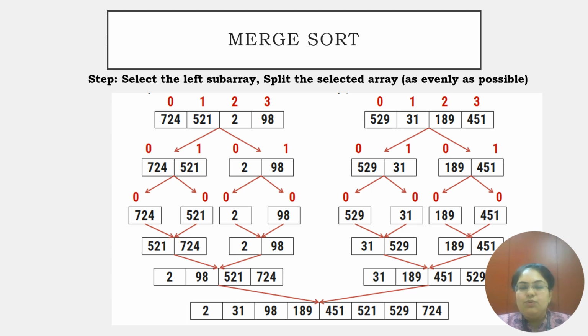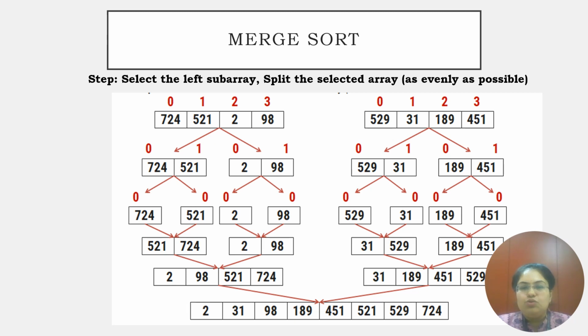Like 724 is greater than 521, so we swap these two values and form a single array of these two elements, 521 and 724. The same thing will happen for 2 and 98.